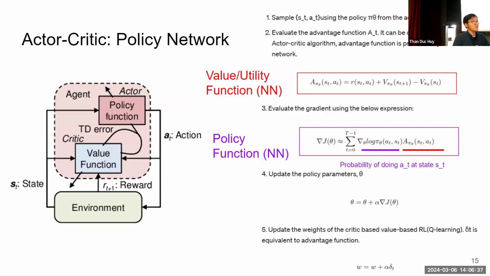The utility function takes in a state and outputs a value. And how do they play out together is in this manner. You have a policy and you have a value. As the policy plays around in the environment, the value will critique whether your policy is good or not. It will give the value.